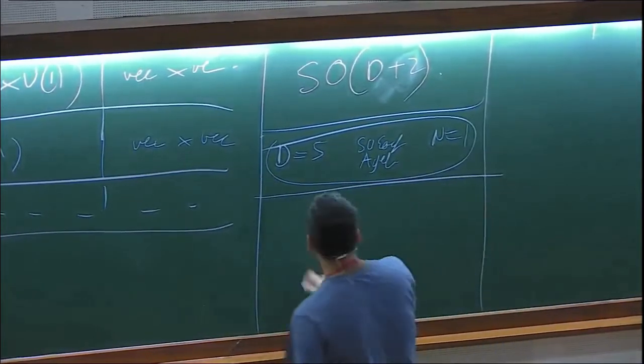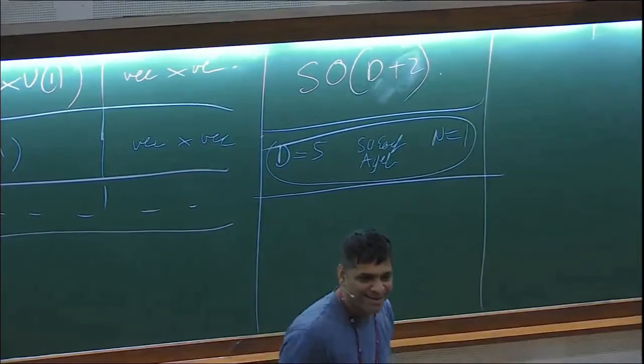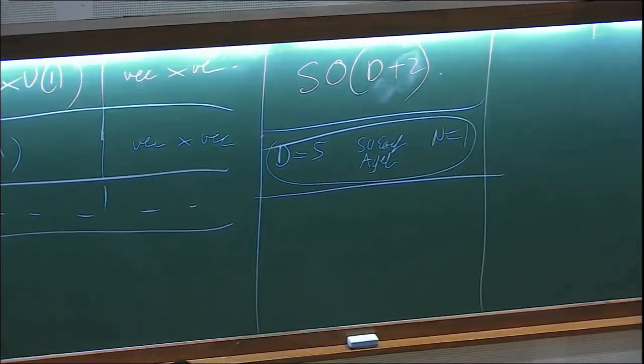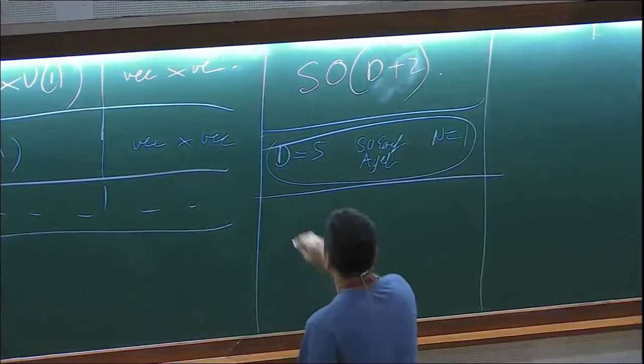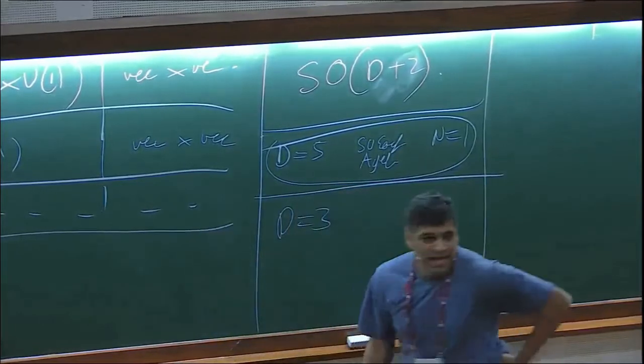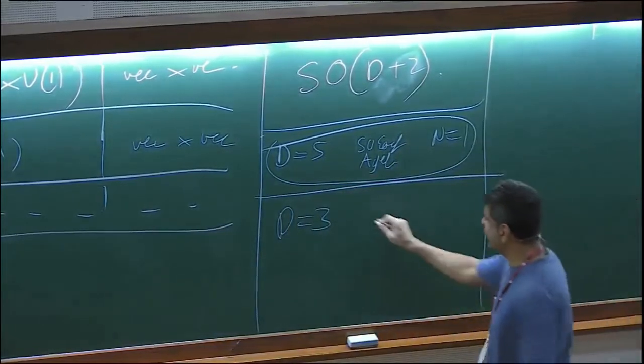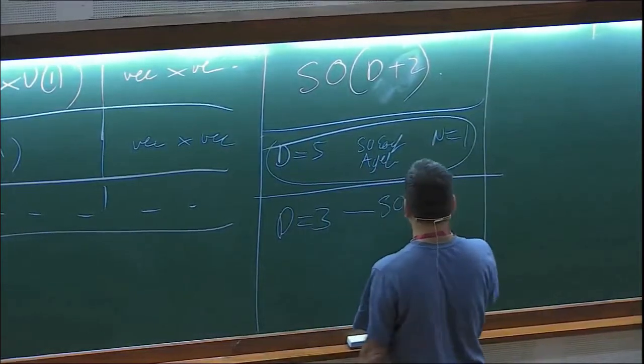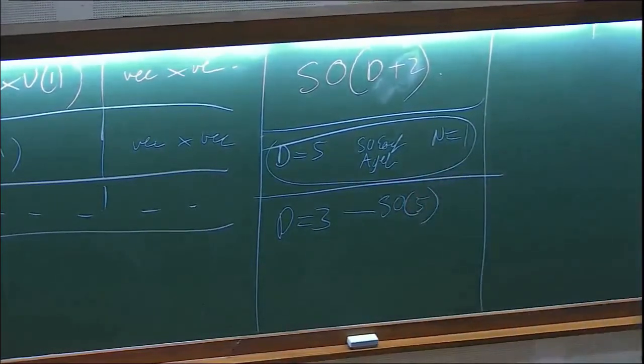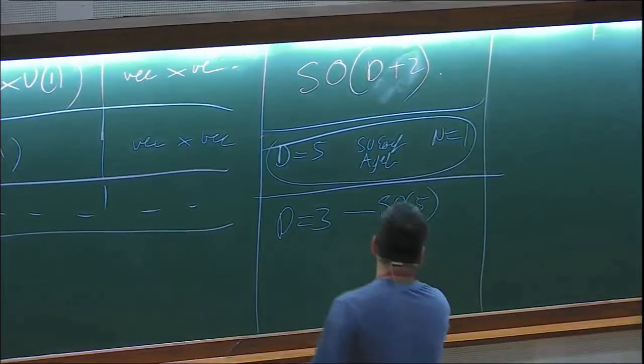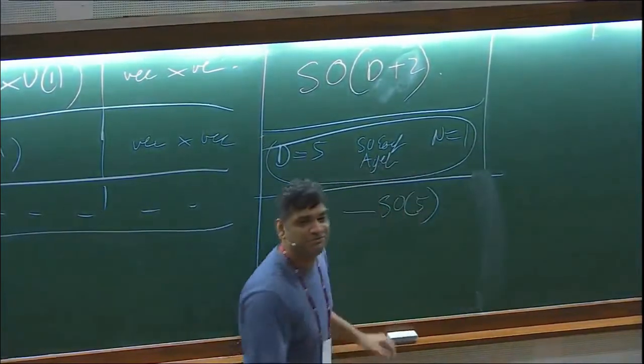Let's start with D=2 and 1. We've heard all about those, so we won't bother about that. Let's start with D=3. In D=3, we're looking for SO(5). Now, is there another name for SO(5)? Anyone?